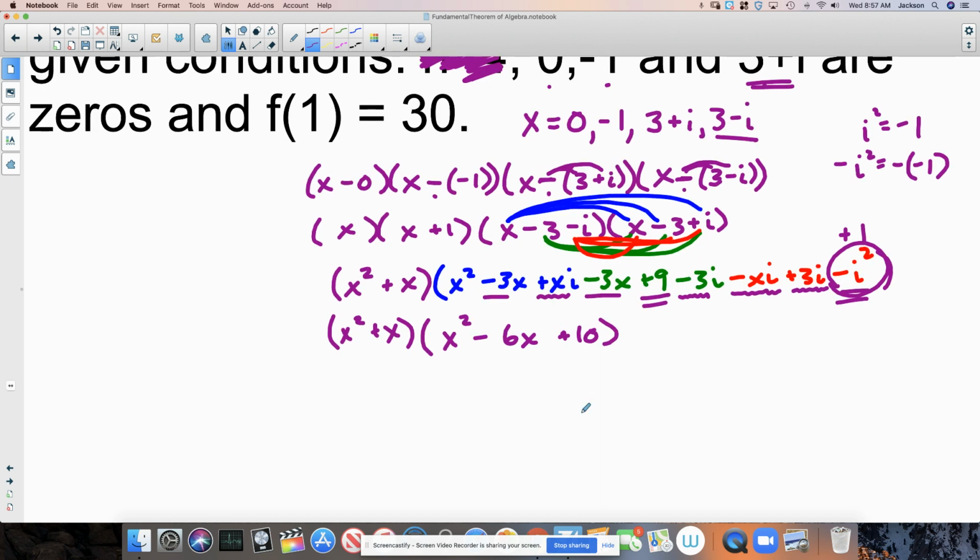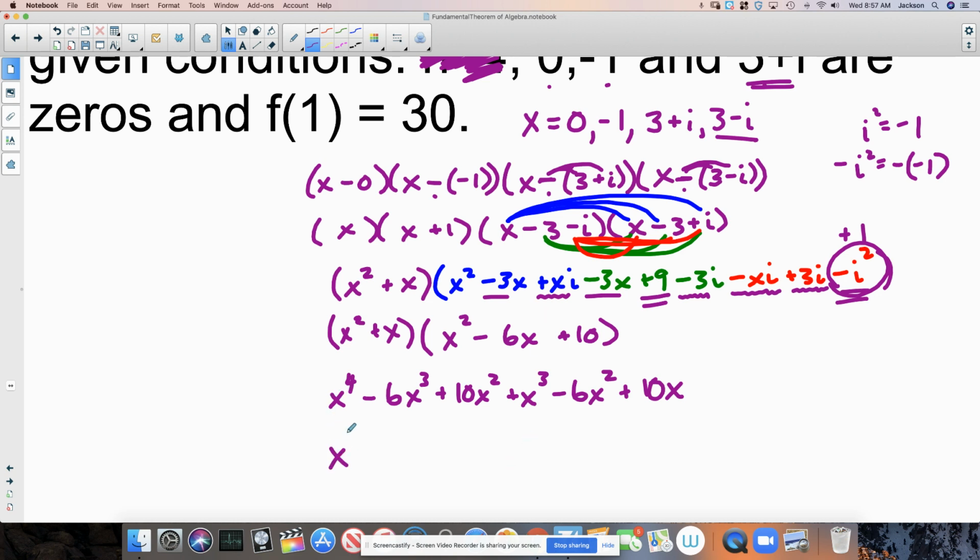Let's continue with our massive expansion here. x squared times x squared is x to the fourth. x squared times negative 6 is negative 6x cubed. x squared times 10 is positive 10x squared. x times x squared is positive x cubed. x times negative 6x is negative 6x squared, and x times 10 is positive 10x, right? So it's not necessarily foiling, it's distributing, but we're making sure we hit all of these terms.